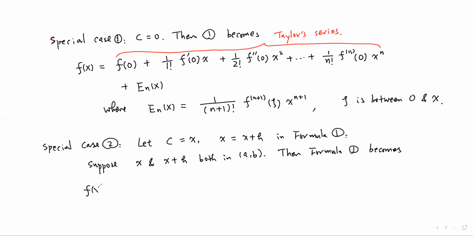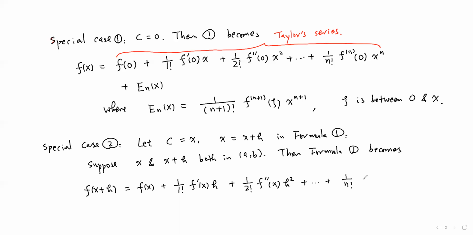F of x plus h, a special case we often use, is equal to f of x plus 1 factorial f derivative at x times x minus c, now x plus h minus x, so this is h, plus 1 over 2 factorial f second derivative at x times x plus h minus x, then square, so h square, and so on.